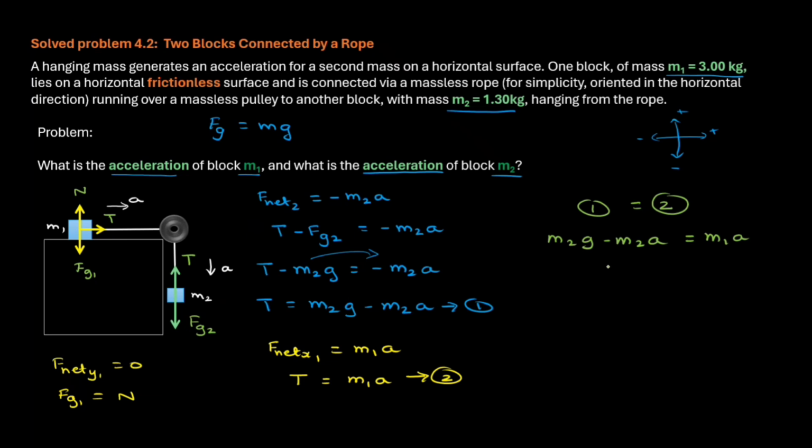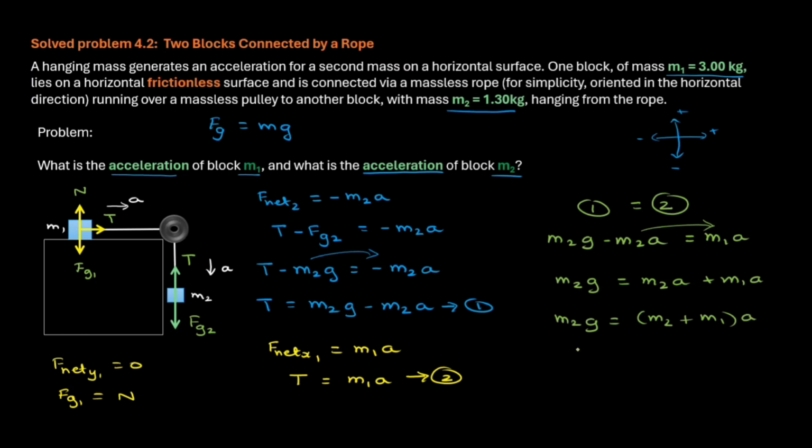I want to find acceleration, so we will move all the terms with acceleration together. So let's move negative m2a to the other side. So we get m2g equals m2a plus m1a. m2g equals, take a as common, (m2 plus m1) into a.